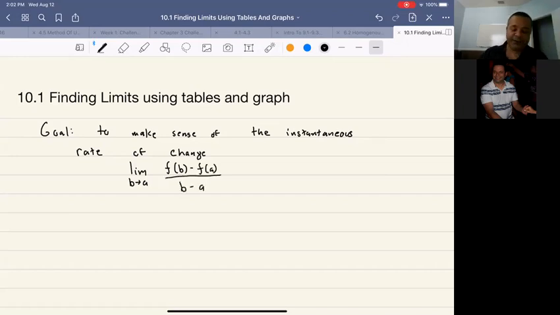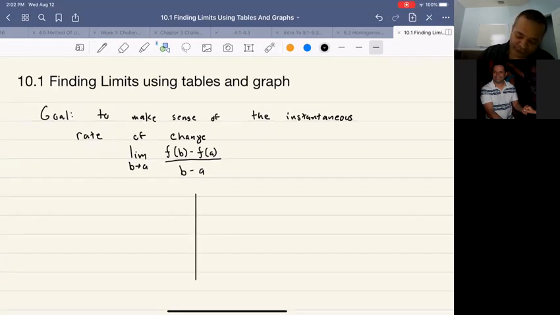Okay, and what this is, is that we imagine that we have some function, maybe doing some crazy thing here. We take a being here, b being here, and we could take the line that connects these two points on the graph.